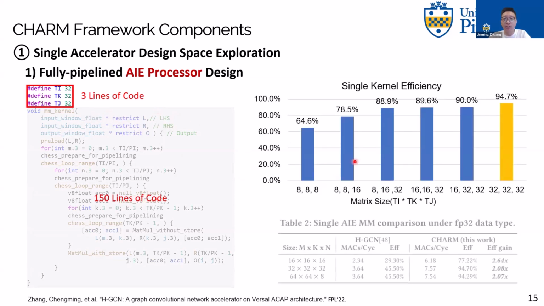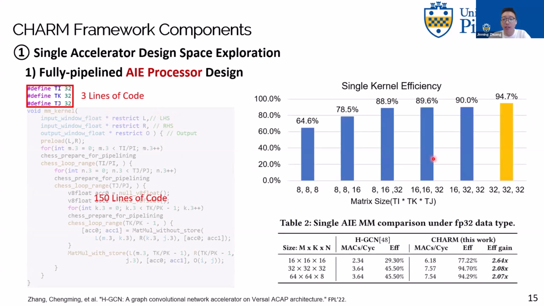The single kernel efficiency is demonstrated here when using different matrix sizes in a single kernel. We choose the 32 by 32 by 32 as our single AIE design for its high memory utilization and computation efficiency. Compared with the work CHARM published in FPGA 2022, our 32 by 32 by 32 single kernel achieves 2x higher efficiency.